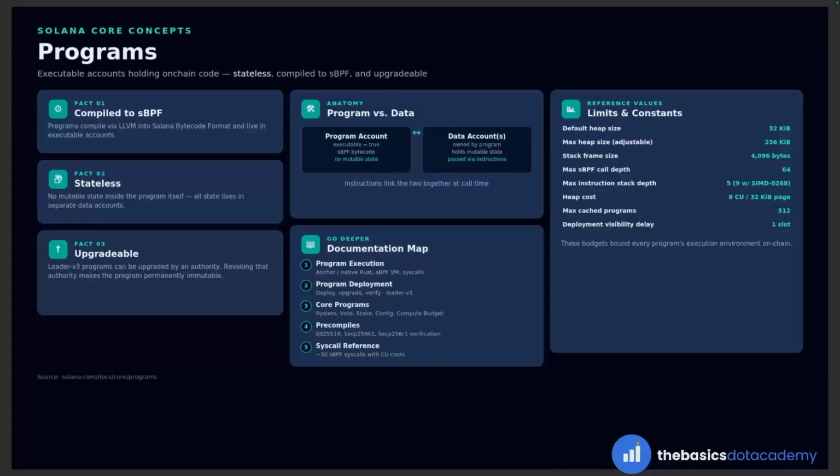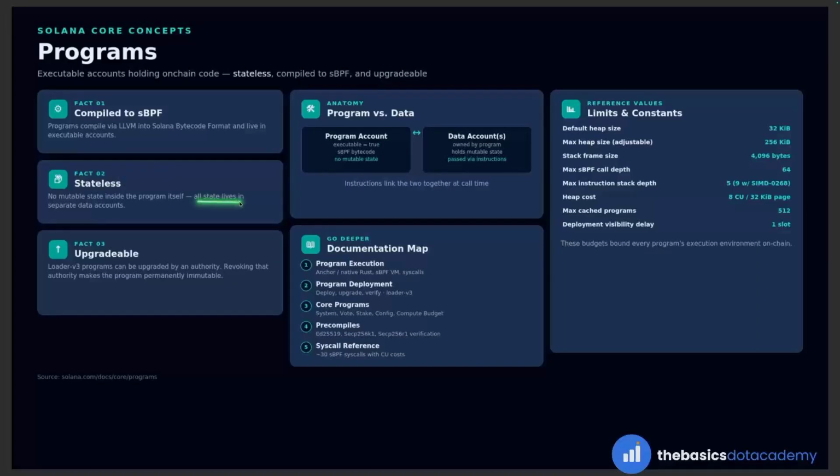What exactly are programs in the Solana blockchain? Programs are executable accounts holding on-chain code, which is stateless. It is compiled to SBF, that is Solana bytecode format, and it can be upgraded. First, the program is compiled via LLVM into Solana bytecode format, and it lives in executable accounts.